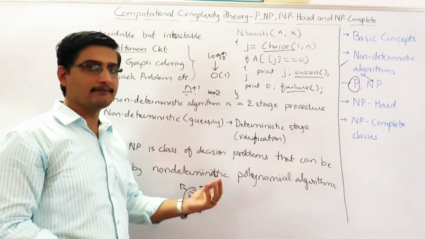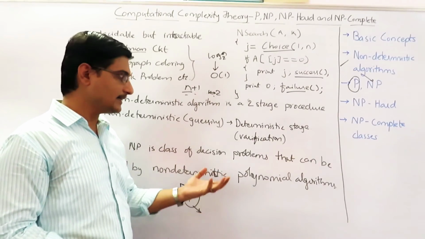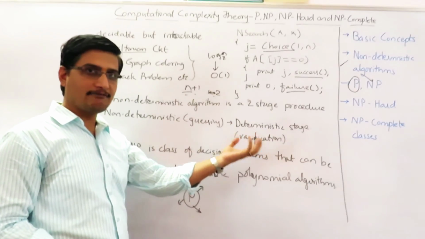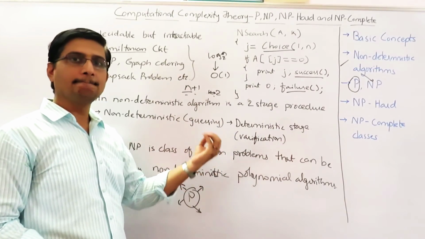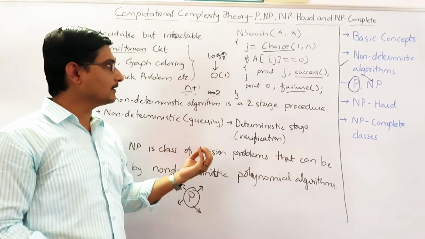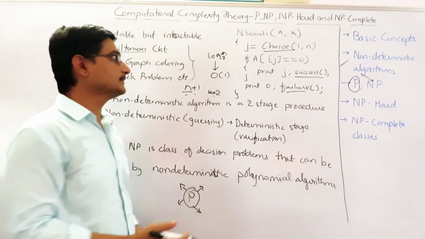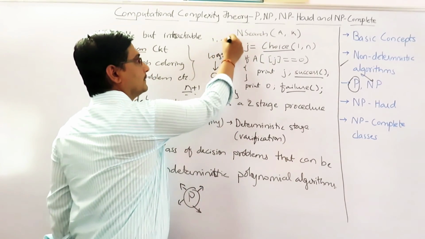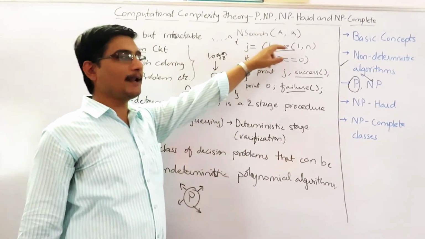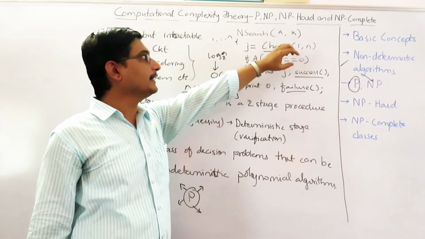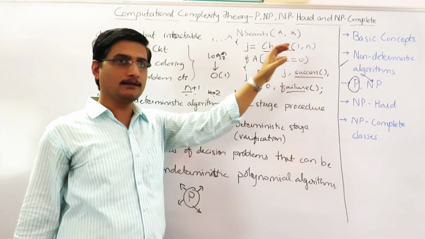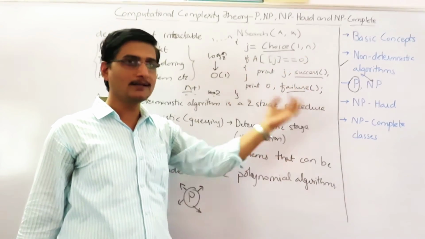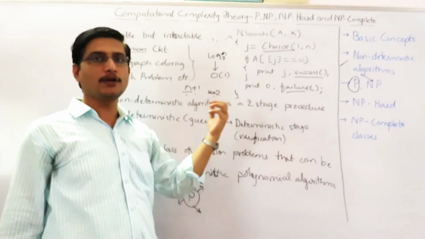And we also have a deterministic part, that is the verification part. If the non-deterministic phases give the result, then we know that we are done. Say there is an array from 1 to n with so many items, so we apply a choice function. We believe that it is going to give us the position of the key we are searching, assuming that in only one choice it is going to give us.